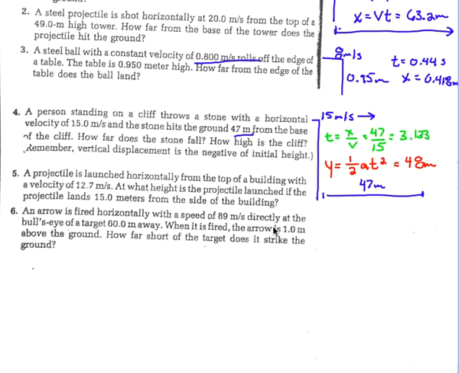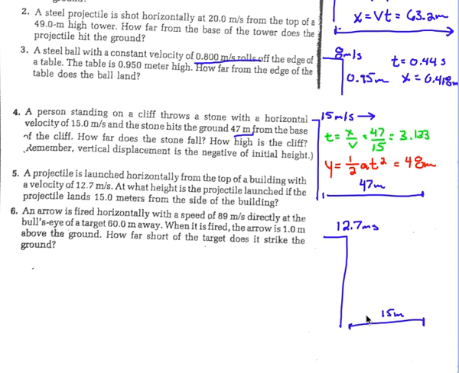Number 5, a projectile is launched horizontally with an initial velocity of 12.7 meters per second. So this is from the top of a building. What height is the projectile launched if the projectile lands 15 meters from the side of the building? So it's kind of similar to the one above.